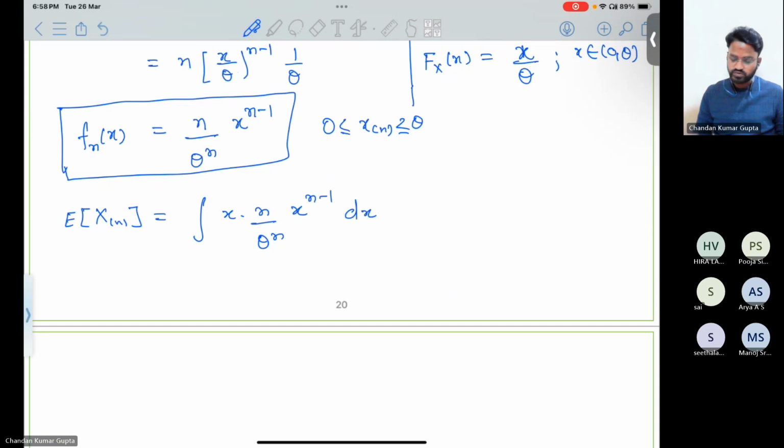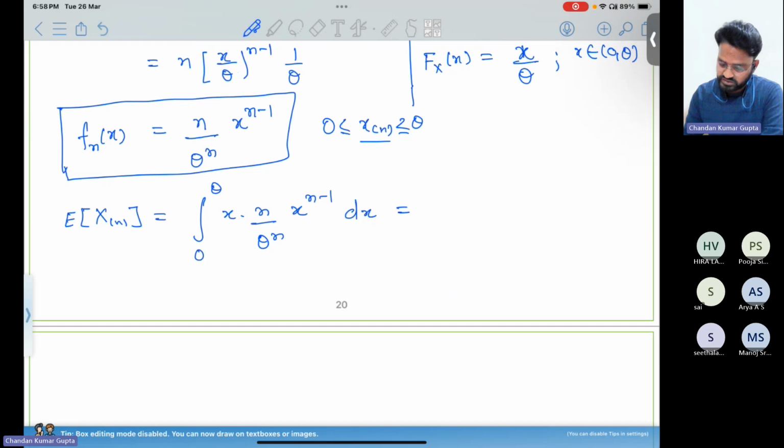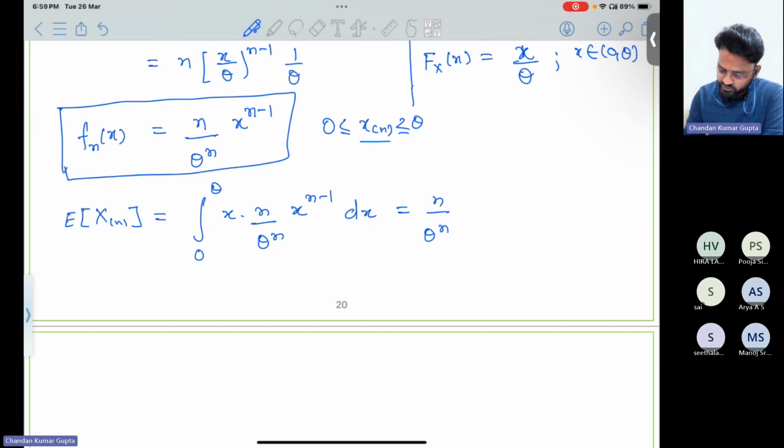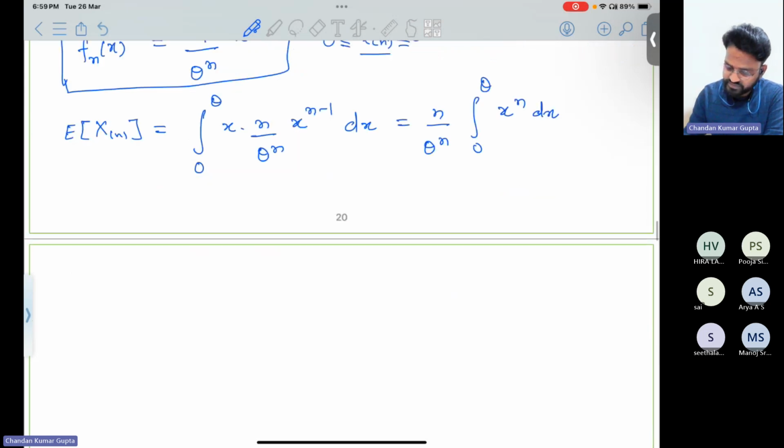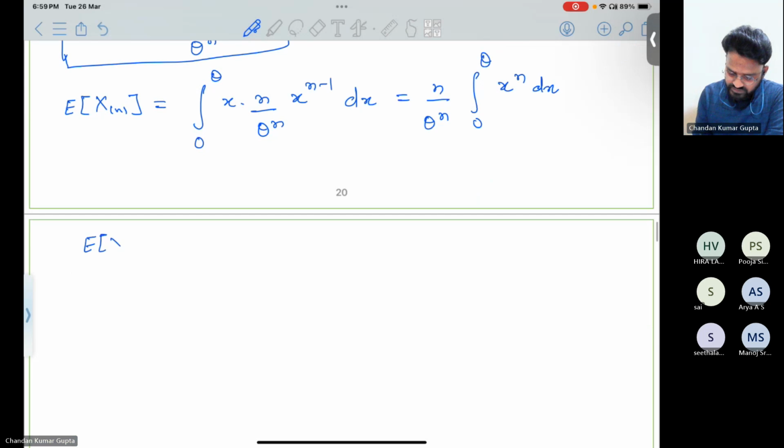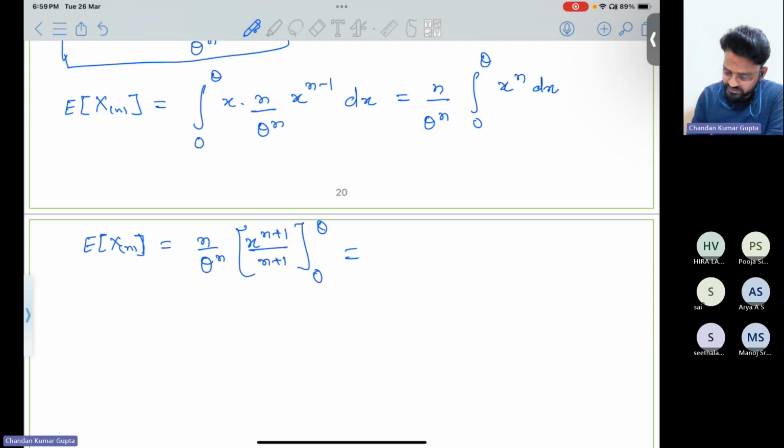Okay, and the range of this is 0 to theta. So it is n upon theta to the power n, integral over 0 to theta of x to the power n dx, which is n upon theta to the power n, x to the power n plus 1 upon n plus 1, from 0 to theta, and this is n upon theta to the power n, theta to the power n plus 1, upon n plus 1.